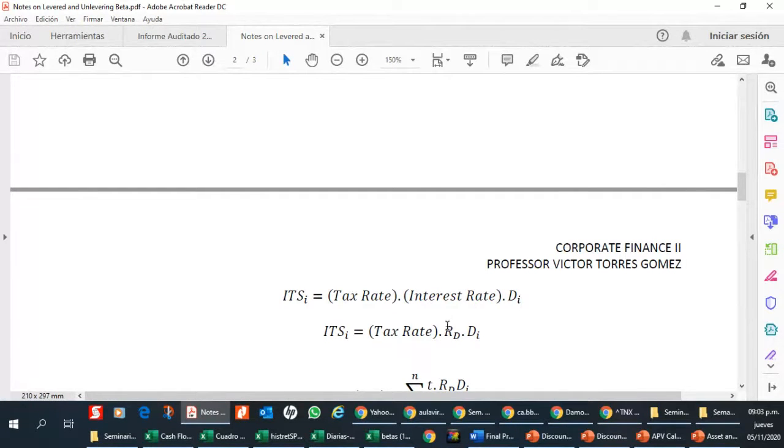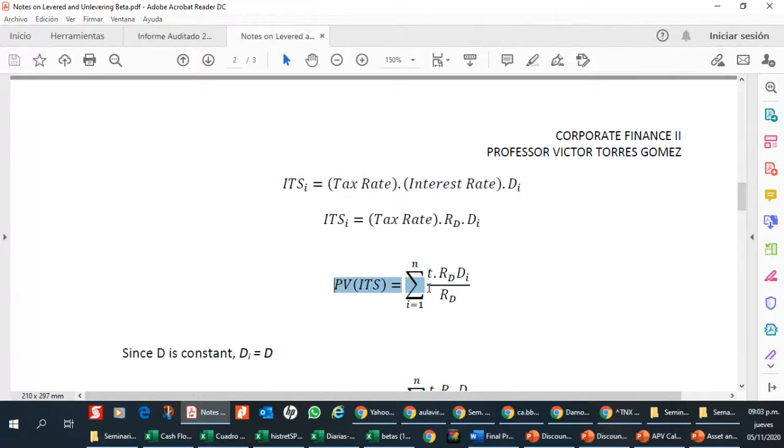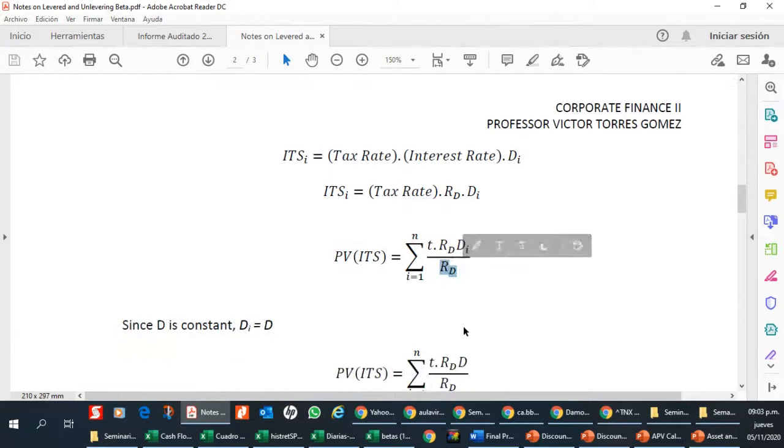The interest rate is the required return on debt, and we arrived at the present value of interest tax similar to this expression: tax rate times the required return on debt times the debt in each one of the years, divided by the required return on debt.